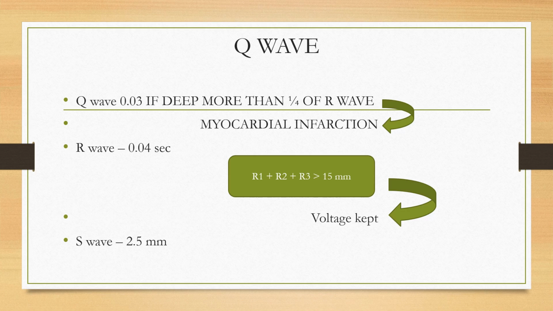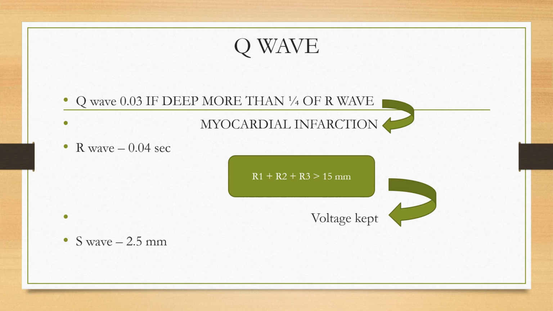In the first, second and third standard lead, we will measure the amplitude of R wave, and if it is more than 15 millimeters, then we can say the voltage is kept. And if S wave is 2.5 millimeters, it is the normal value of S wave.